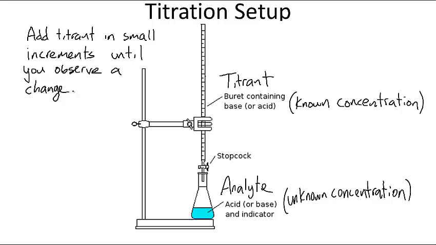So last week, what was the change we were looking for in the lab? Color change. We had put an indicator solution in the analyte, and we saw that when we reached that equivalence point, it either went from clear to purple or from purple to clear.